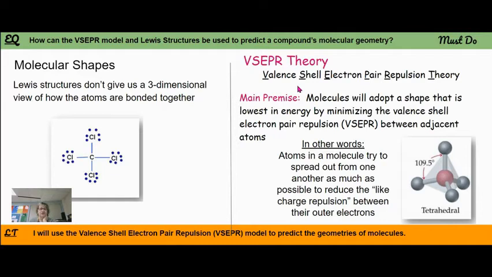The VSEPR theory, which is called valence shell electron pair repulsion theory, has as its main premise that molecules will adopt a shape that is lowest in energy by minimizing the valence shell electron pair repulsion between adjacent atoms.